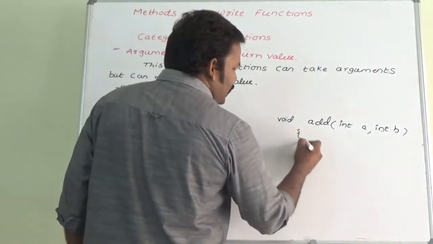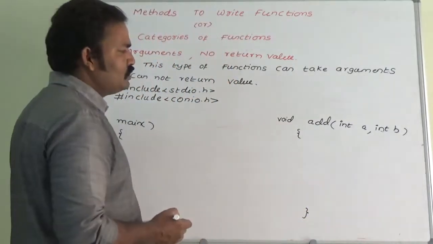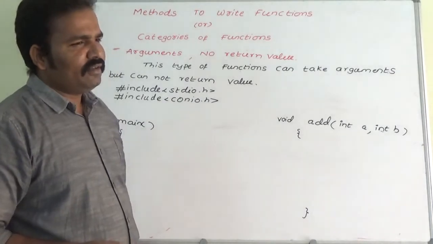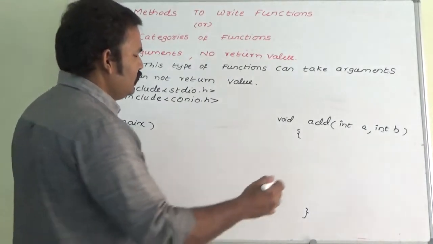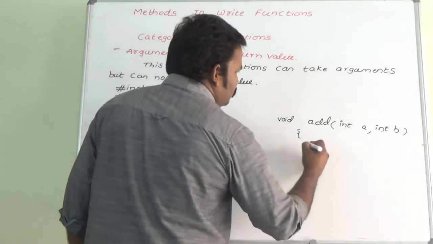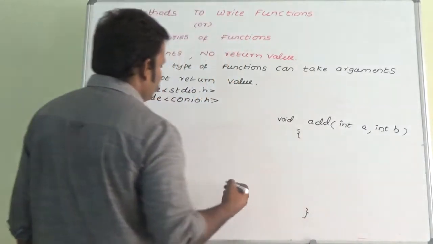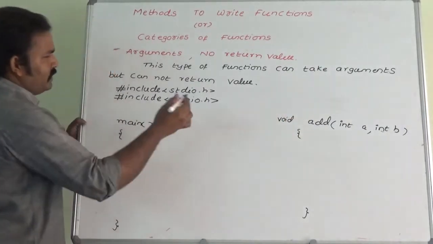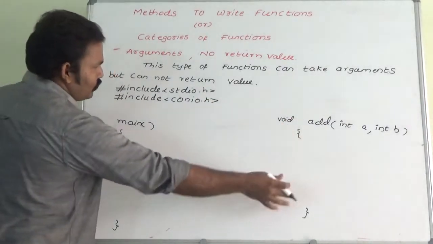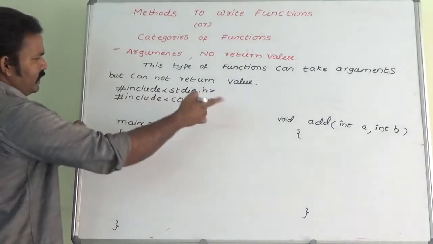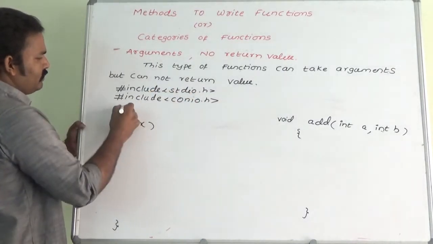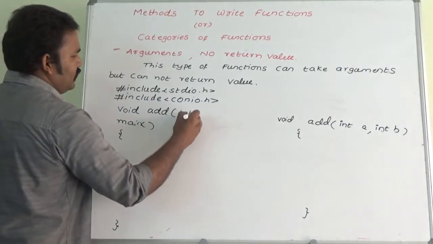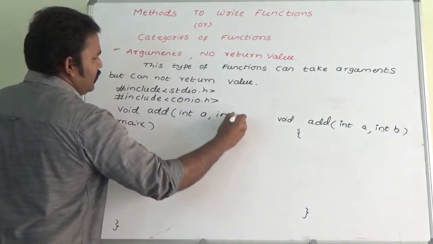Opening brace, closing brace. Within the braces we have to write the logic of the function. Before that, the function must be declared before it is used in a program. So I am declaring void add, int a comma int b.